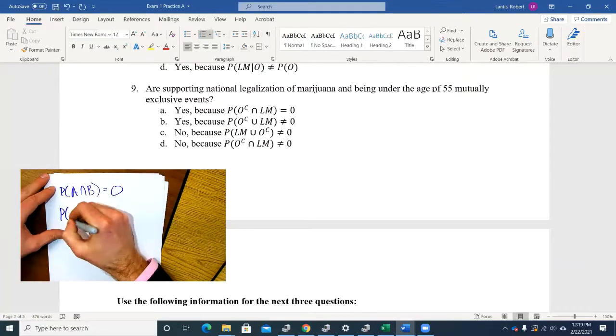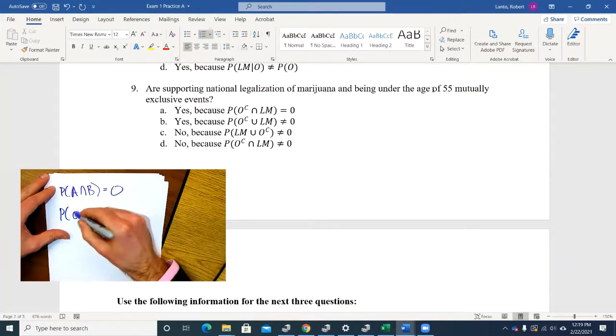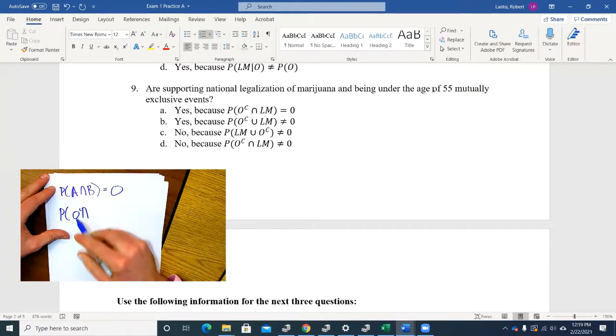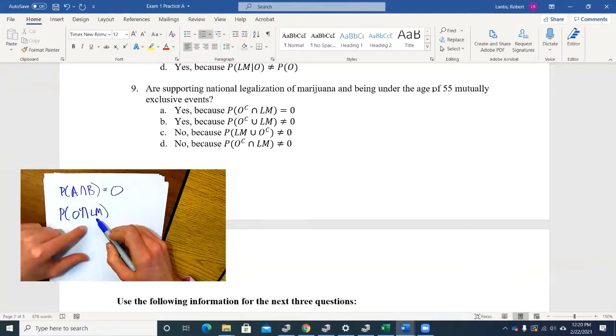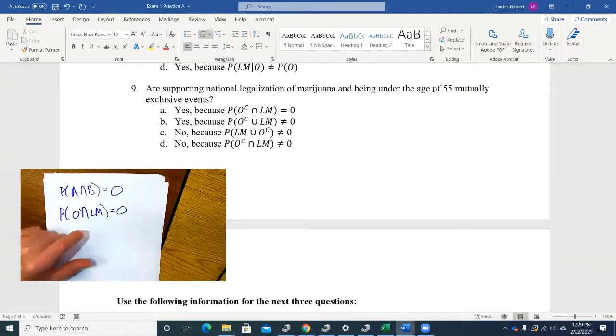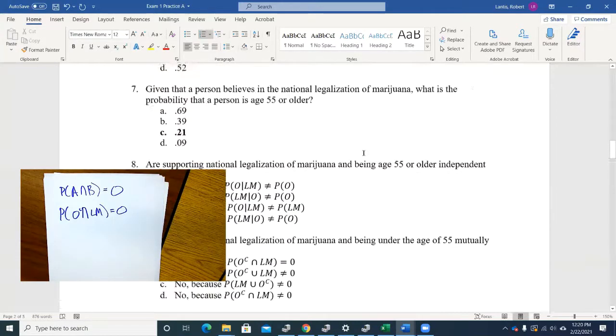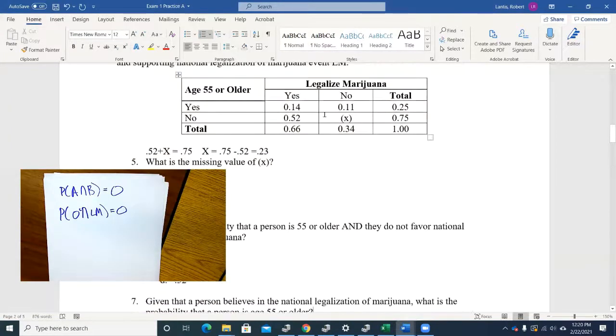Well, here we had being not over 55, or O complement, and wanting marijuana legalized, right? Are those mutually exclusive? Well, the intersection, if they were mutually exclusive, would have to be equal to 0. Okay? Well, if we go up here, first of all, no matter what events I asked you about, did we have any zeros for the intersections? No. So it doesn't matter which of these I ask you about, none of them are mutually exclusive, right?